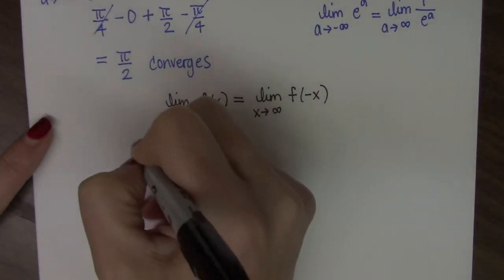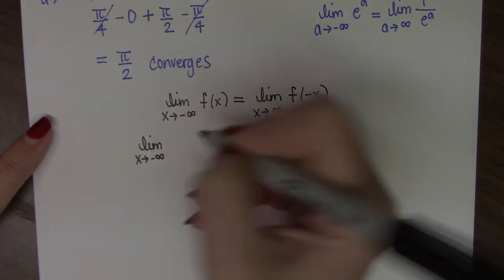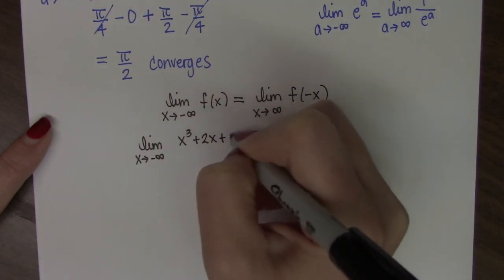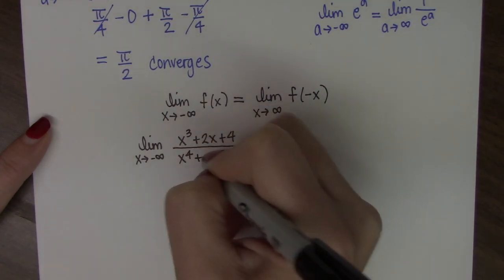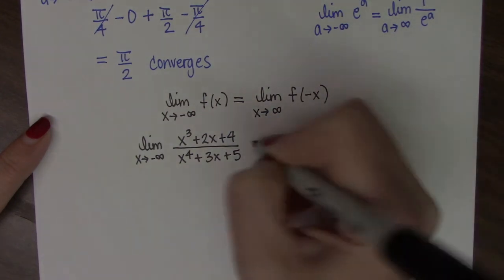So for example, if I want the limit as x goes to negative infinity of x cubed plus 2x plus 4 over x to the 4th plus 3x plus 5, right?